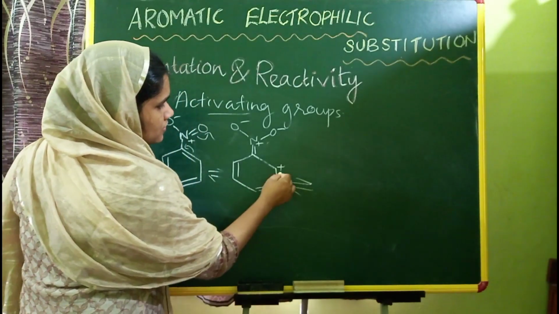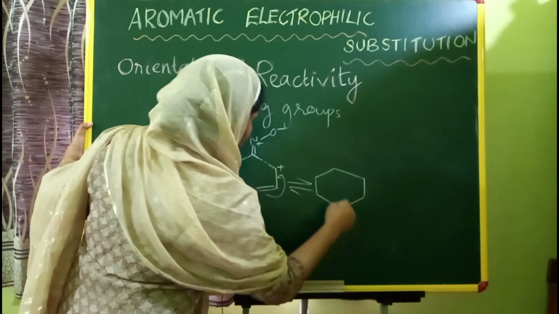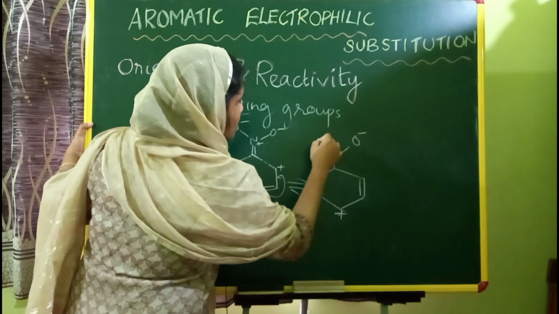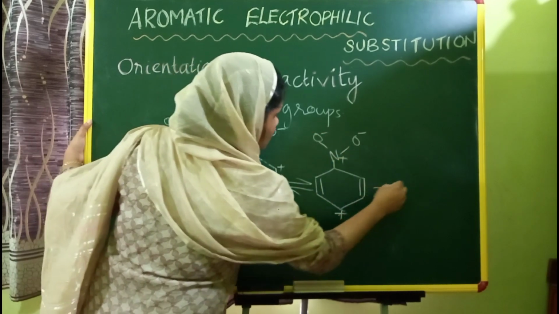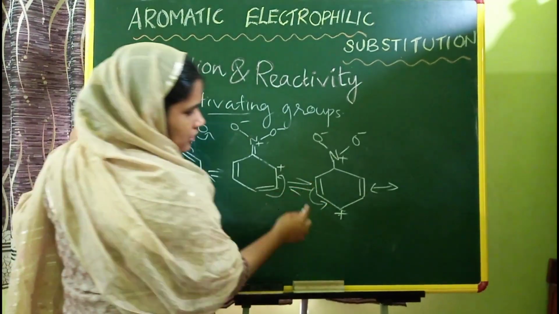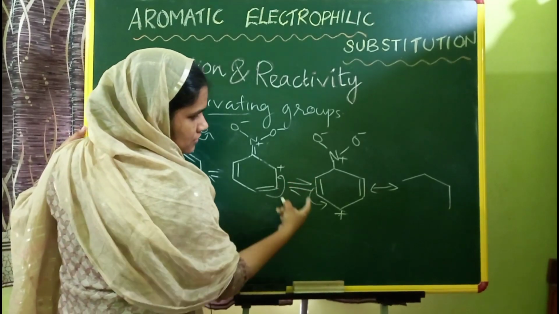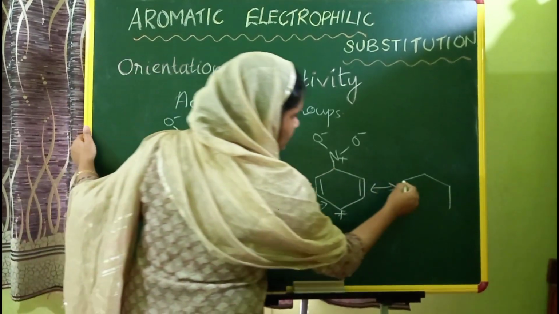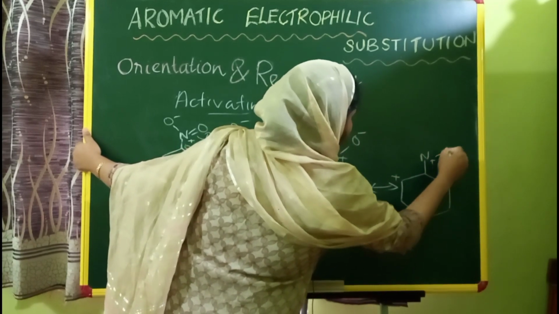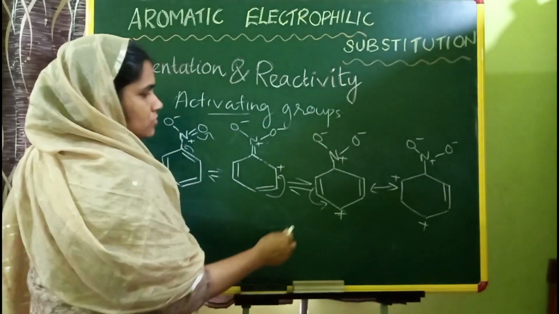Then this electron is shifted over here, here positive charge, here double bond, N, O minus, O minus. Then this electron is shifted here, and since this is shifted over here, this carbon will have positive charge, N plus, O minus, O minus.